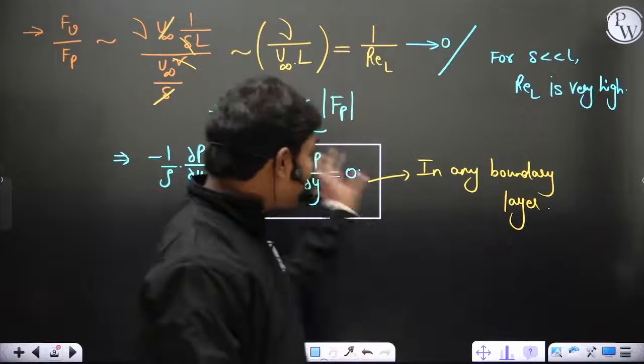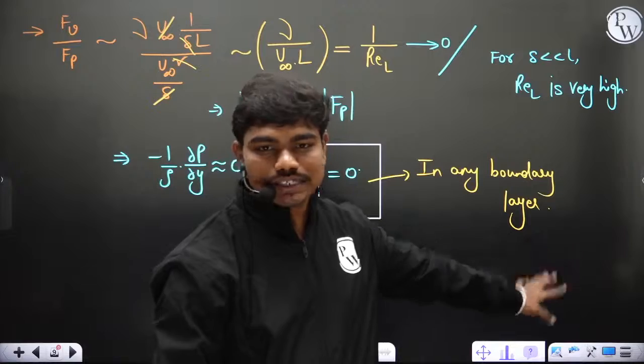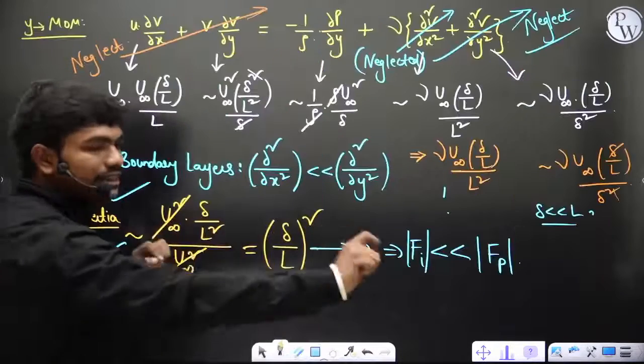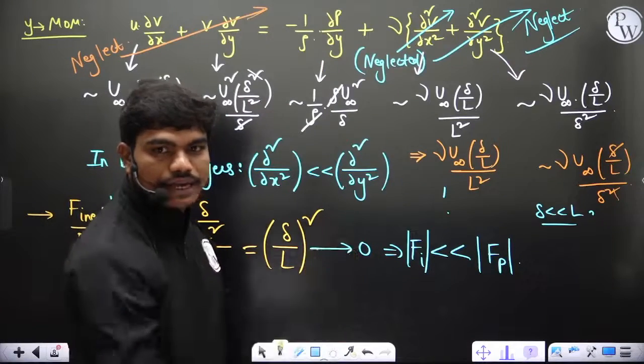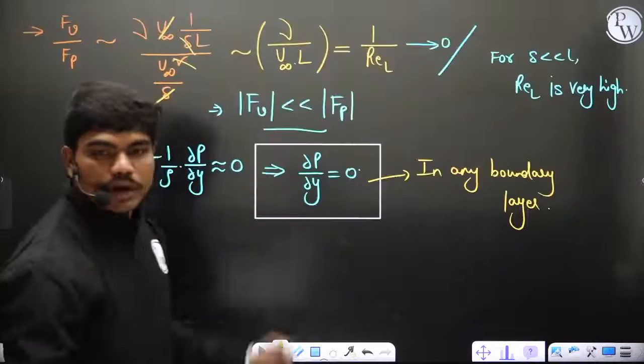Understood? Because in this analysis I have never used anything like flat plate or anything. This L is just the length in the streamline coordinate direction. That's it. Okay. So that's why we can say dou P by dou Y is 0.